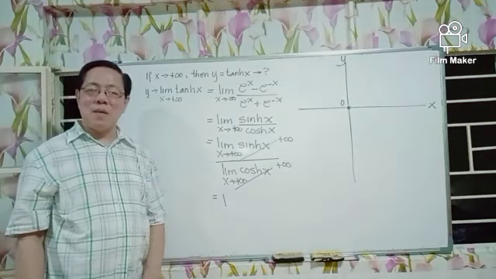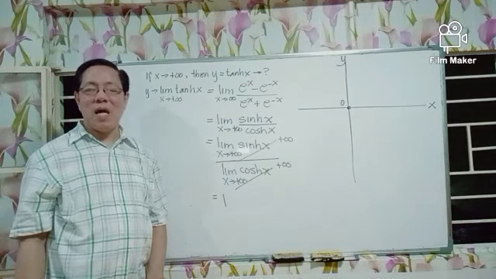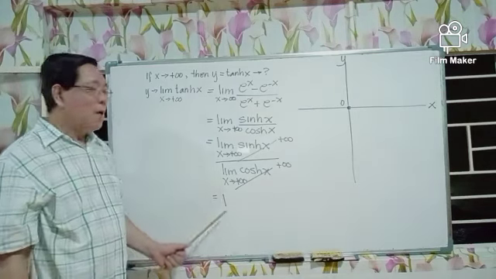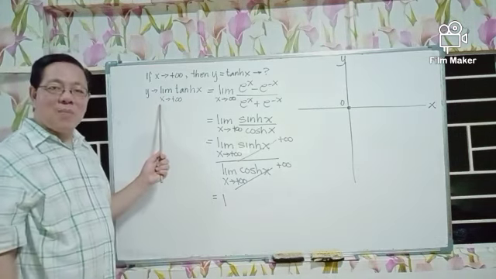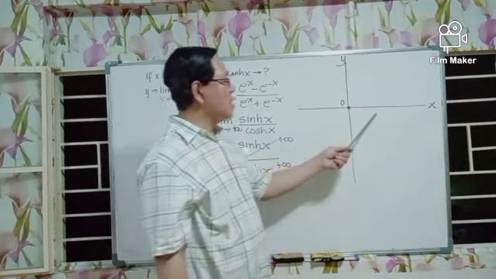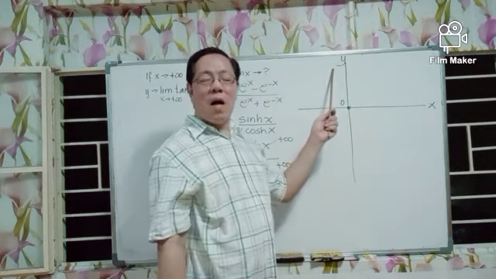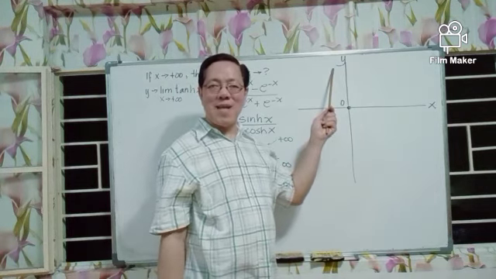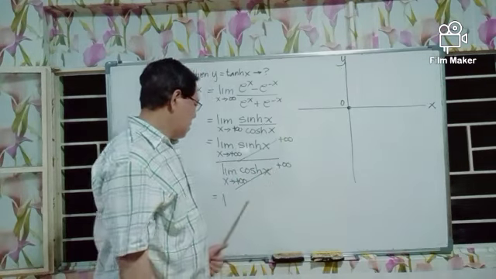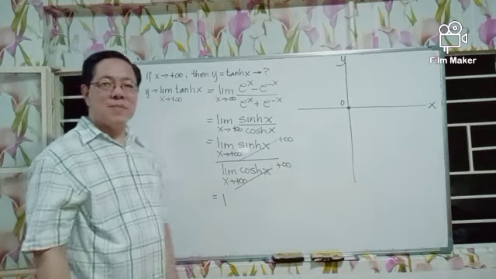This means that the value of the hyperbolic tangent of x will never be equal to 1, but is only approaching 1. That is, if we assign values of x that are increasing, approaching positive infinity, the value of the hyperbolic tangent of x, or y, will approach 1.